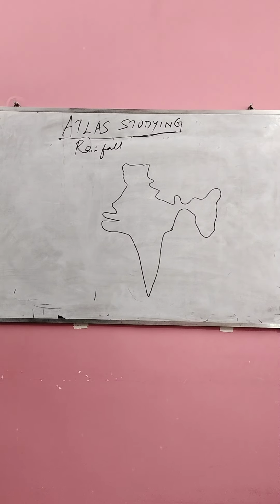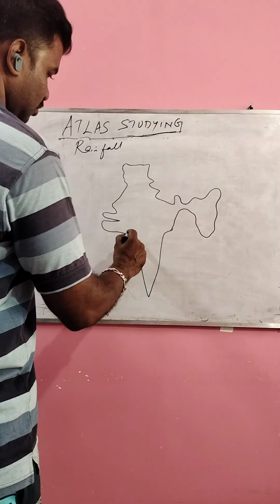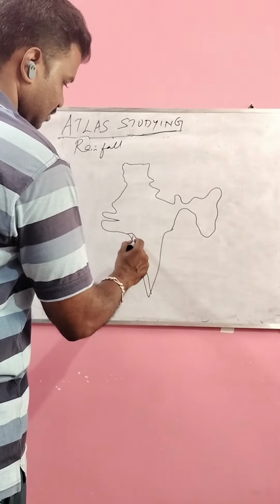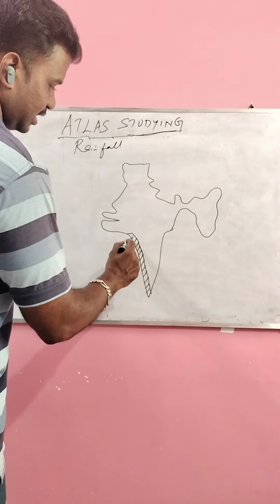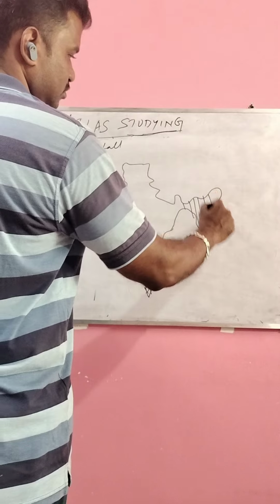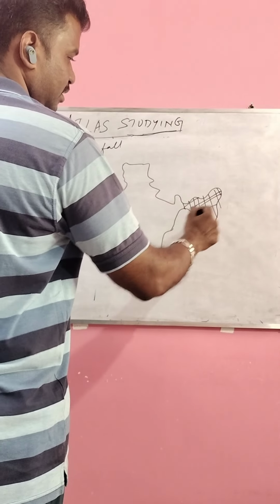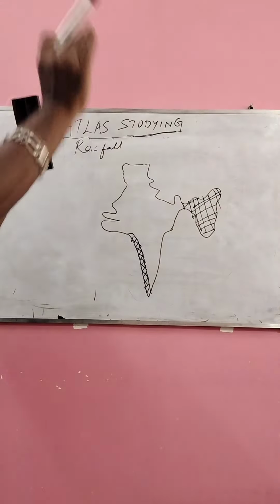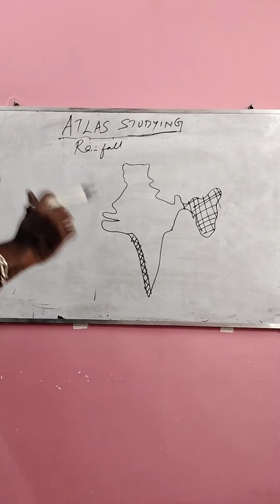The highest rainfall is recorded in two major regions in India. One is Western Ghats and the other is Northeast. So this is the first zone, highest rainfall. Okay. Now I will get a framework. I will not forget. See, you study as a framework.